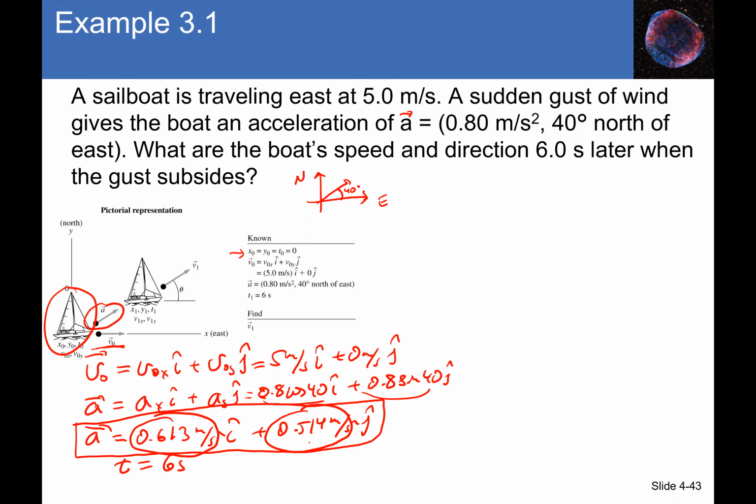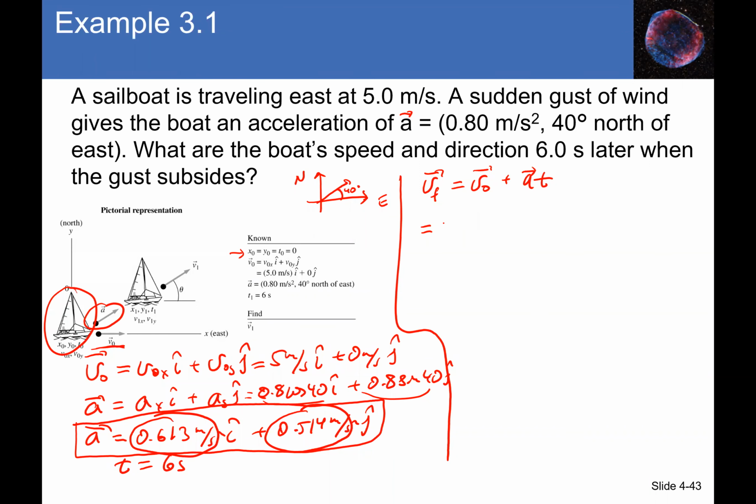Now, here's one thing we can do. I can separate this into horizontal and vertical motions, but I can also do a direct two-dimensional calculation. Remember, v final as a vector equals v initial as a vector plus acceleration as a vector times time. Let's see what I have.